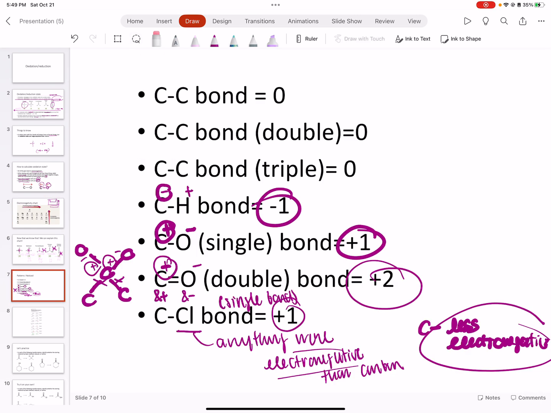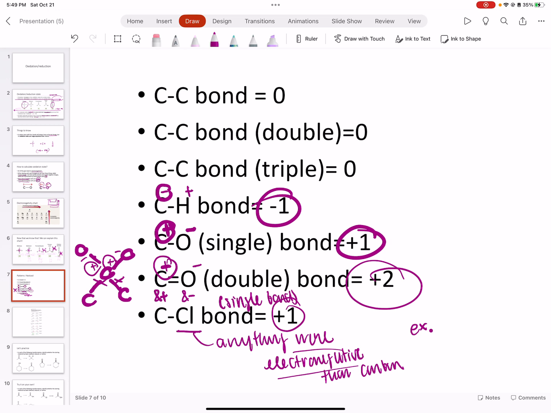Let's say we have lithium, for example. Okay, so example, carbon lithium.